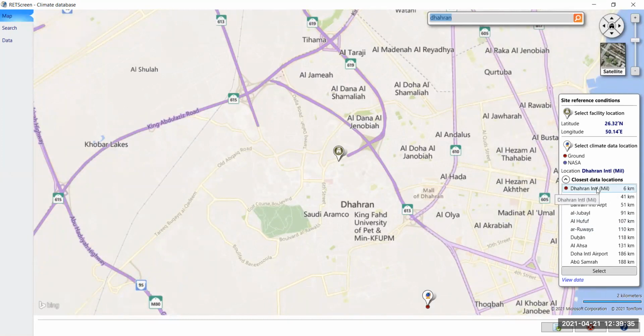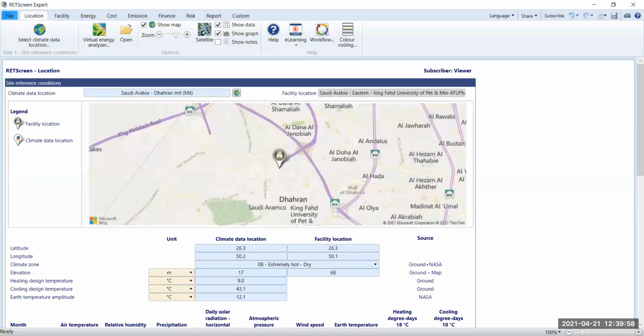It has Dhahran, Safwa, Bahrain Airport, Al Jubail, Al Hufuf, Al Ruwais, and so many of the cities in the country here. I'm going to select this, and to confirm my selection, I'm going to click on this green check, so that I make sure that Dhahran is my current city. You can do that for whatever city you are going to deal with.